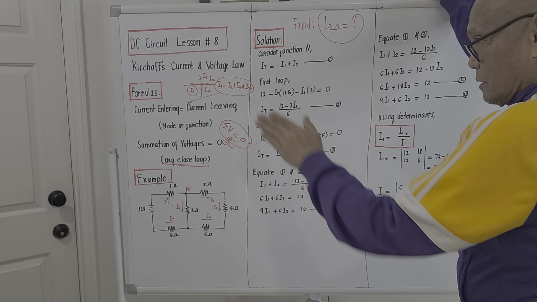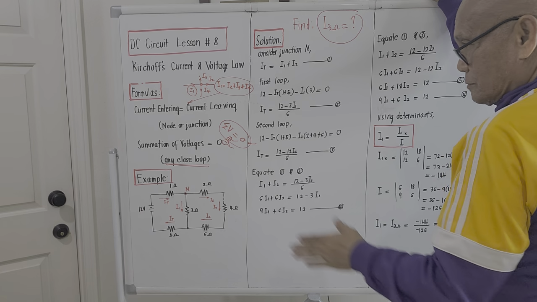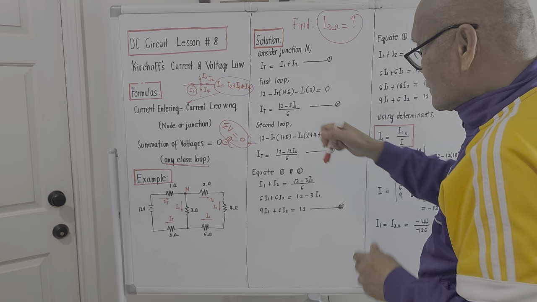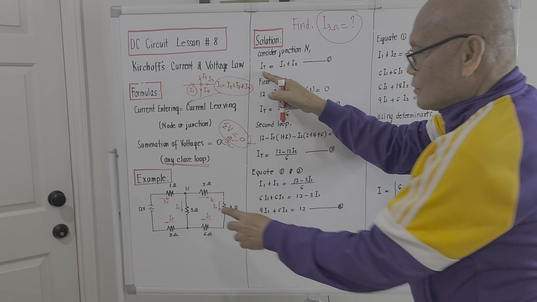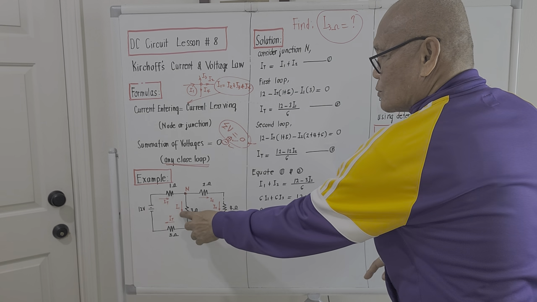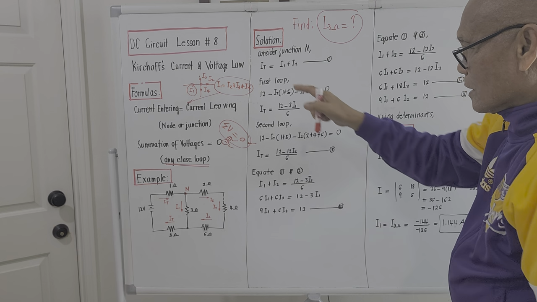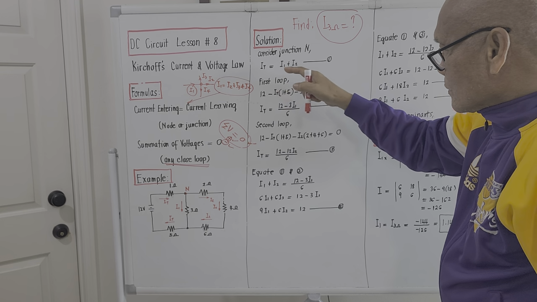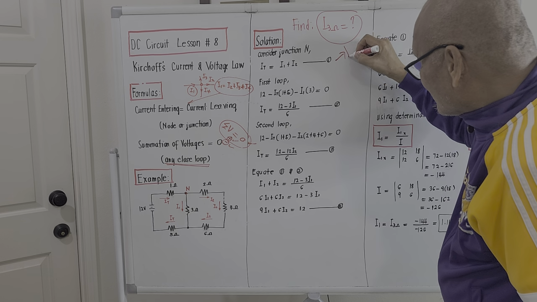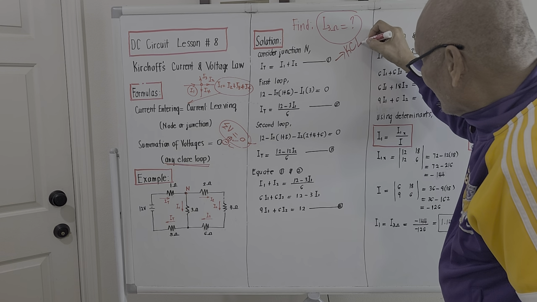Considering junction N and using Kirchhoff's current law, current entering equal to current leaving. Meaning to say the current entering this junction here is I total, and the current leaving is I sub 1 and I sub 2. So I place it here. I total should be equal to I sub 1 plus I sub 2. This is actually Kirchhoff's current law.